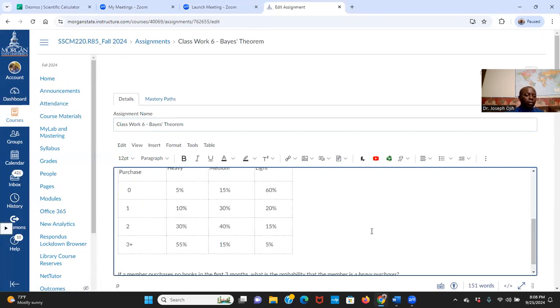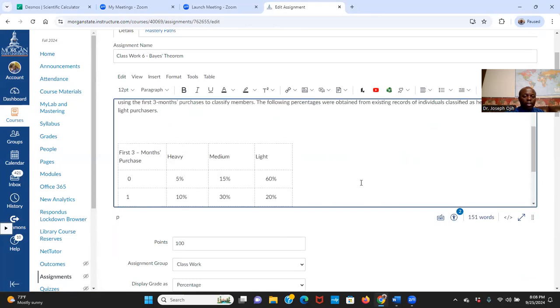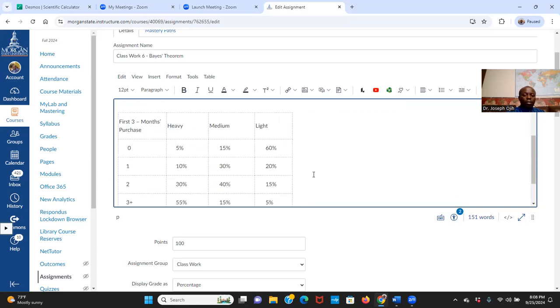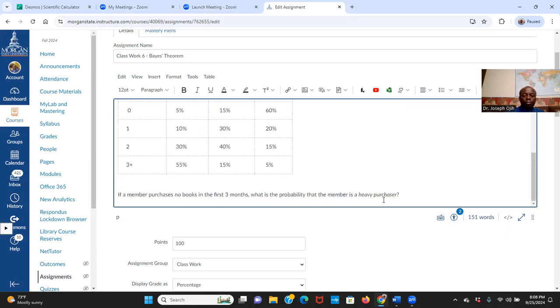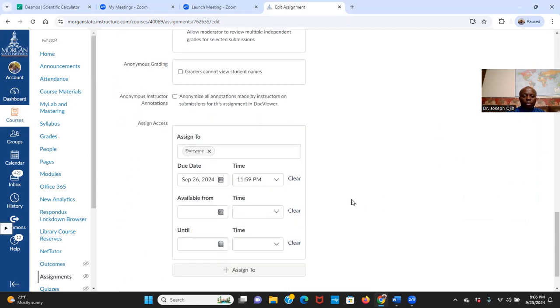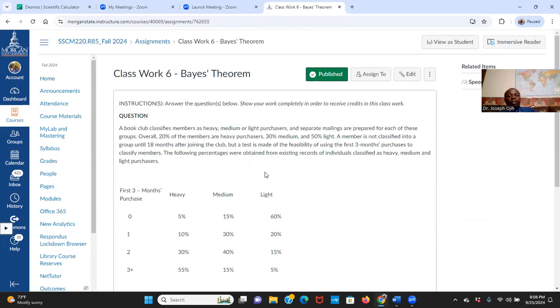It's a light purchaser, it's a heavy purchaser. I did light purchaser, so you do heavy purchaser. So that's what you're gonna do. Make that due tomorrow. So save and publish. So you have it now, the classwork.